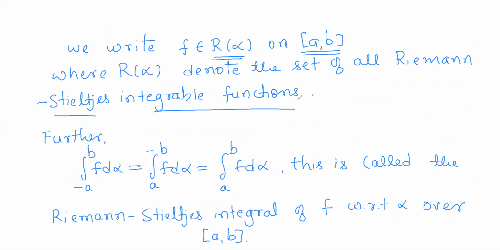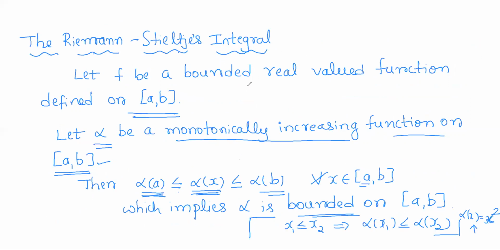So what we have done now: we started with a bounded real valued function along with a monotonically increasing function alpha.